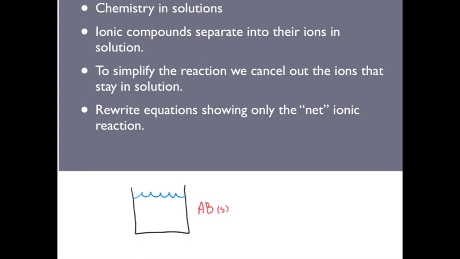Solid AB is held together by ionic bonding, but when you put the solid into solution, the ionic bond breaks easily in water, and A is no longer touching B. Rather, you have just A ions and B ions floating around in solution. Even though we might call it aqueous AB, in truth the solution of AB just consists of individual A ions and B ions floating around in the liquid.